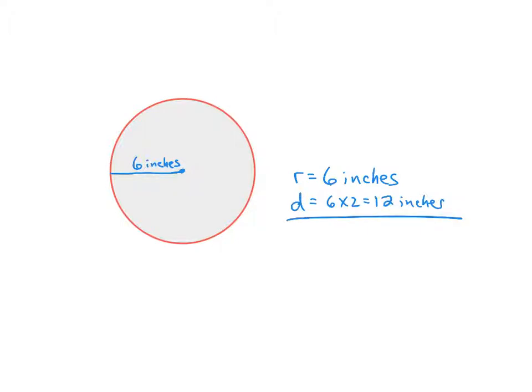If, on the other hand, let me change this for a moment, and use the same circle, but say that the diameter of this particular circle was 17 inches. That's the diameter of that entire circle.